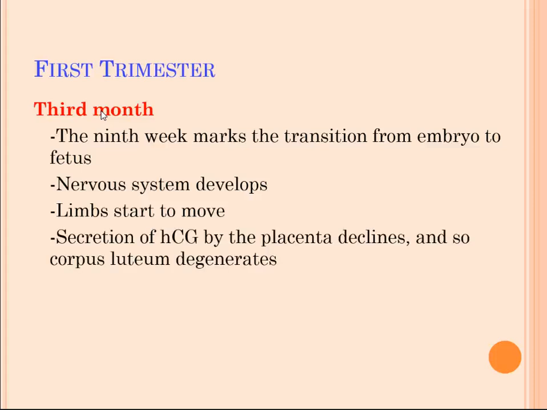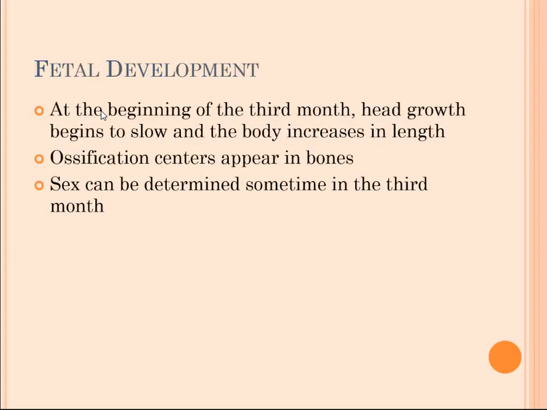And at this point, the HCG is going to decline, and that corpus luteum that we learned about when we learned about ovaries is going to degenerate. Okay? The placenta is going to be the hormone secretor at this point, right? One of the big hormones is actually progesterone, and we'll talk about that in a second.